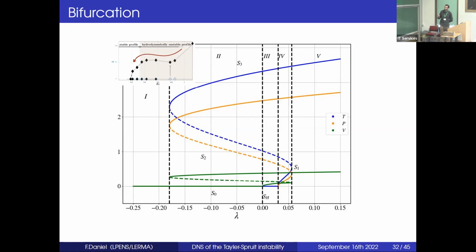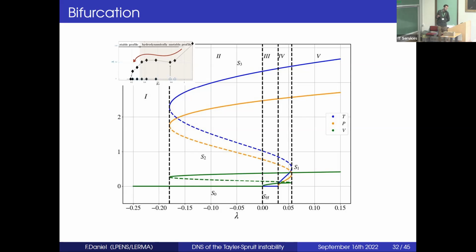And at this second point, a weak branch is going to appear, which, if it gets strong enough, is going to get this secondary jump I mentioned before. And you finally end up on that strong branch here, like in the DNS. And you do reproduce the bistability between the strong branch, S3, and the V0 solution as before.